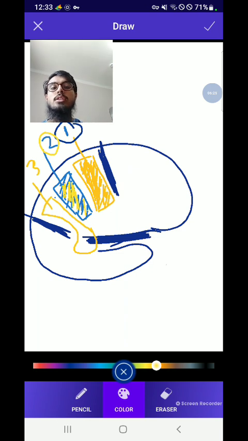And the third one is the posterior association area. The posterior association area participates in the parietal lobe. I can highlight it here. This is the posterior parietal lobe, with a little bit of occipital part and a little bit of temporal part.